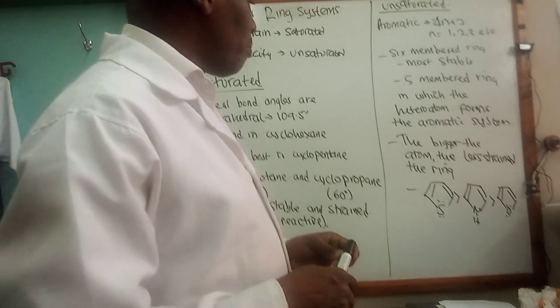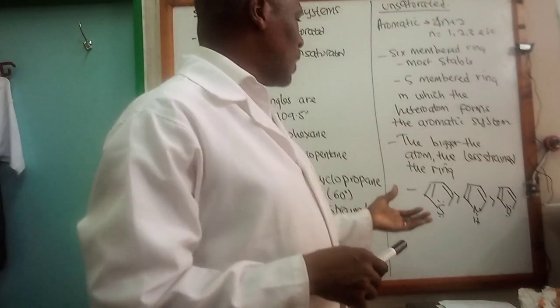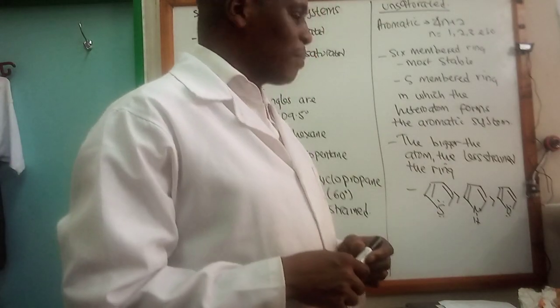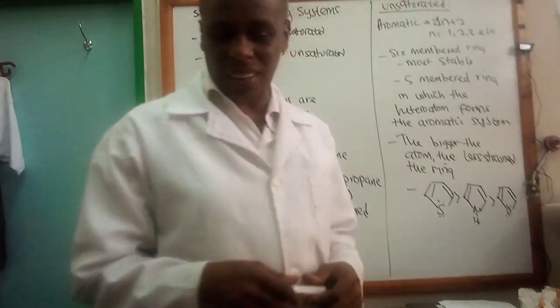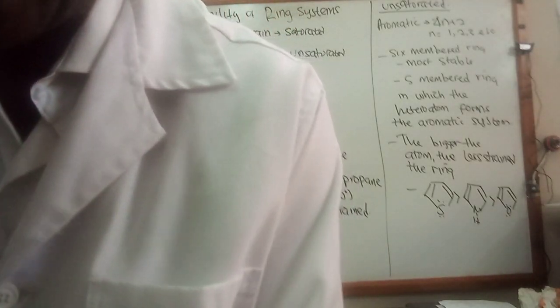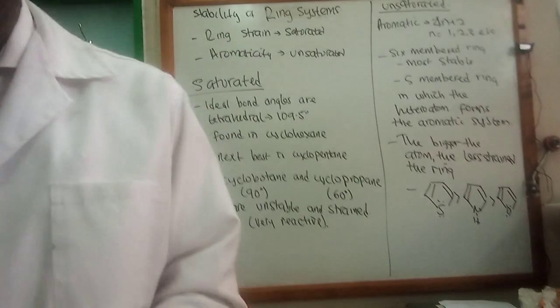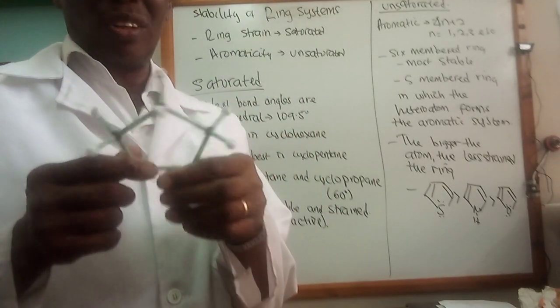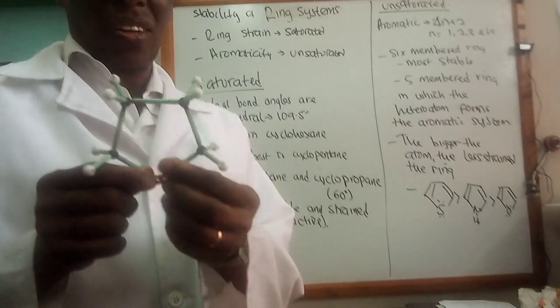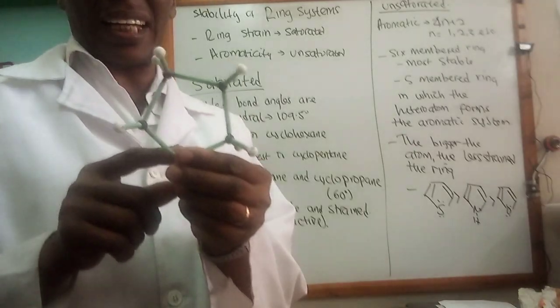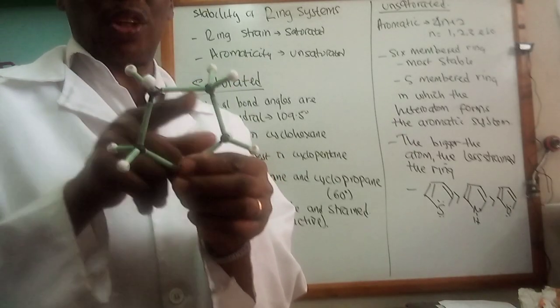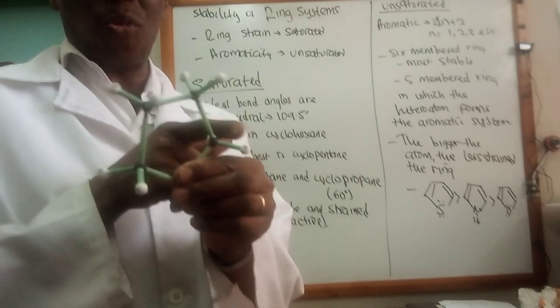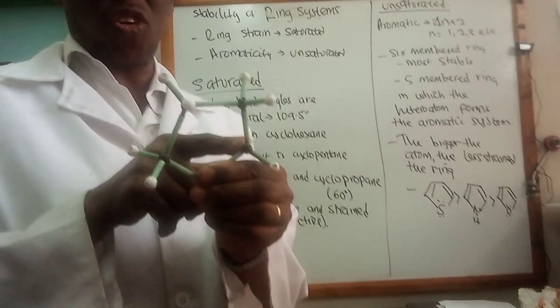So in this case, just to give an example here, this was initially for the saturated. But if it was unsaturated, it means that instead of two, you're going to have one hydrogen on each carbon.